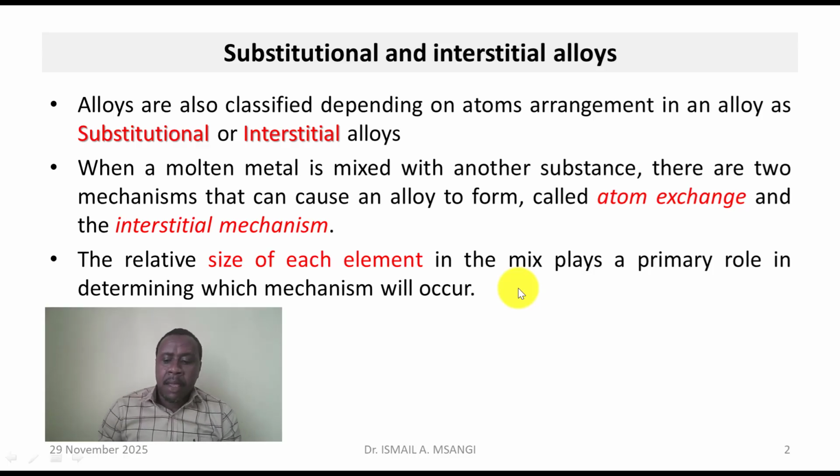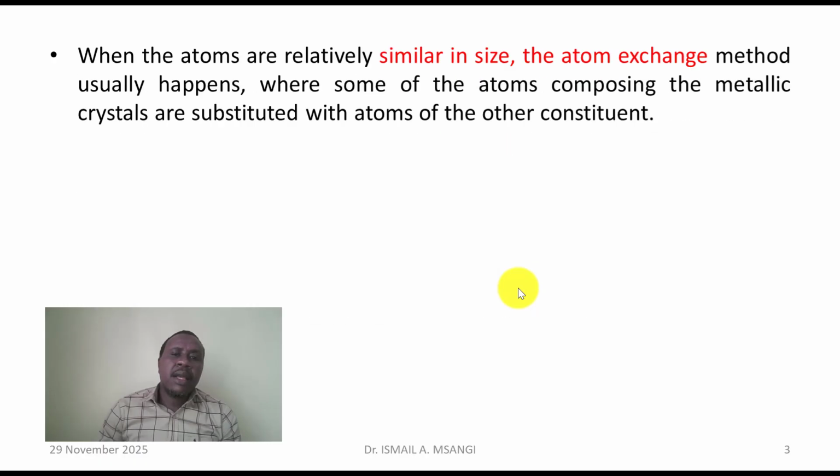So, when the size of the mixed atoms differ much, that one of the atoms is bigger compared to the rest, we expect the interstitial mechanism to happen. But when sizes of the atoms are similar, it is easier for one atom to replace the other without much affecting the structure of the material.